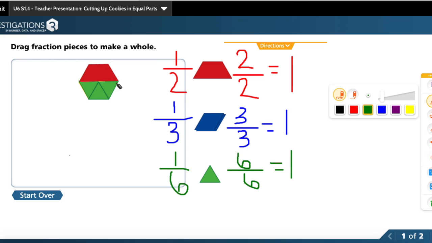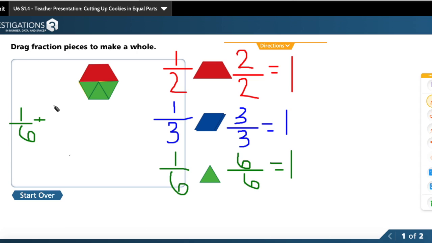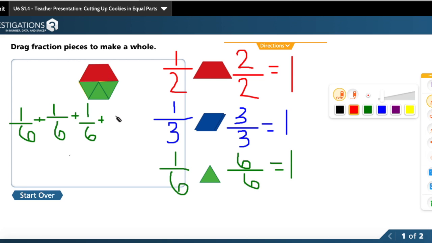I could break it down and say 1/6 plus, I'm sorry that this is messy, it's kind of difficult to write on here, 1/6 plus 1/6 plus what? 1/2 is equal to my whole.